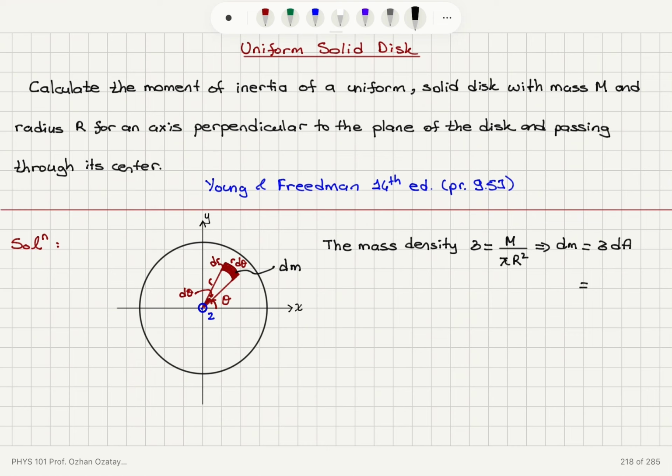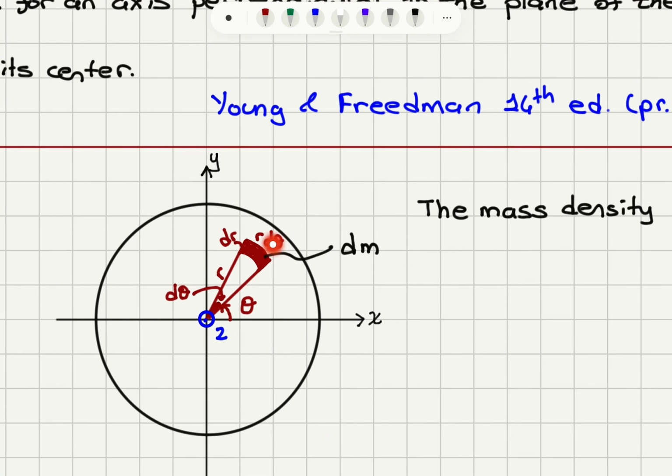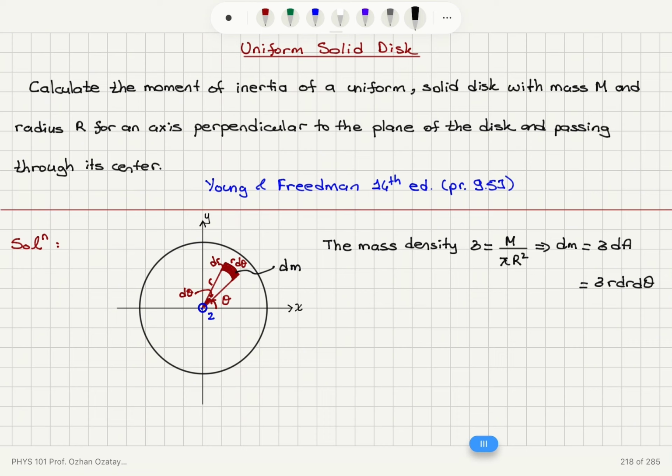So this will be equal to sigma r dr d theta, provided that we have this area r dr d theta and mass density sigma.